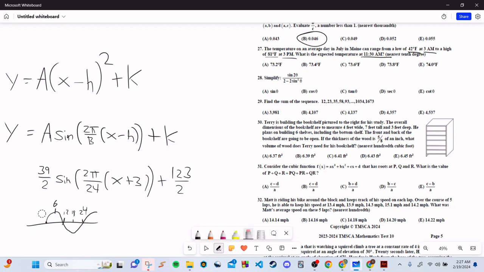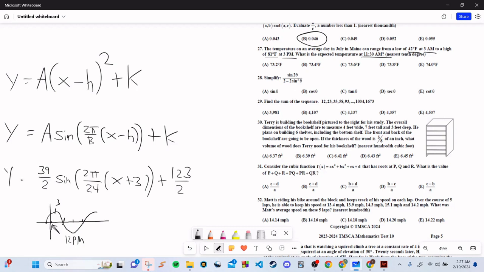So then everything here shifts to make it such that this peaks at like 3, and our trough would be at like, and that's considering, that makes our origin 12 p.m. So keep that in mind.